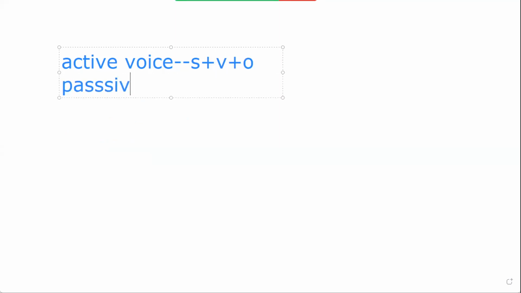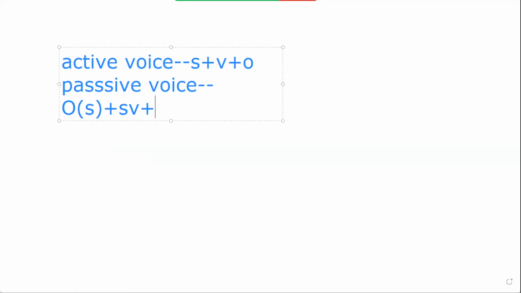The structure of active voice you already know. What is that? Subject plus verb plus object. Passive voice: please note down, this is very important. The object becomes the subject, that will come first. Then comes the supporting verb.